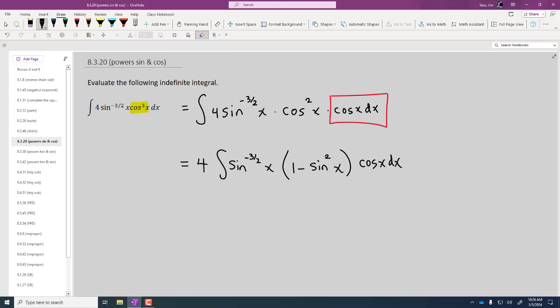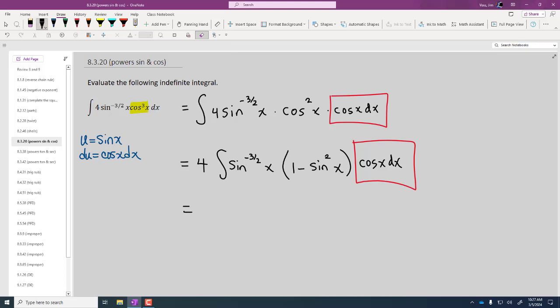And that puts us in position to let u be sine of x, and du will then be cosine of x times dx. So the whole idea of pulling that off is that we're going to let u be the function that has whatever's in the red box as its derivative. So we'll let u be sine.